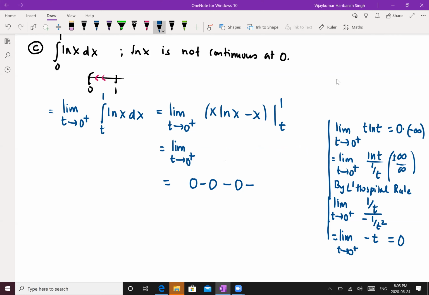So we get 1 ln 1 minus 1, minus t ln t minus t. So this is going to be 0 minus 1 minus 0 minus 0. So this is going to be minus 1.